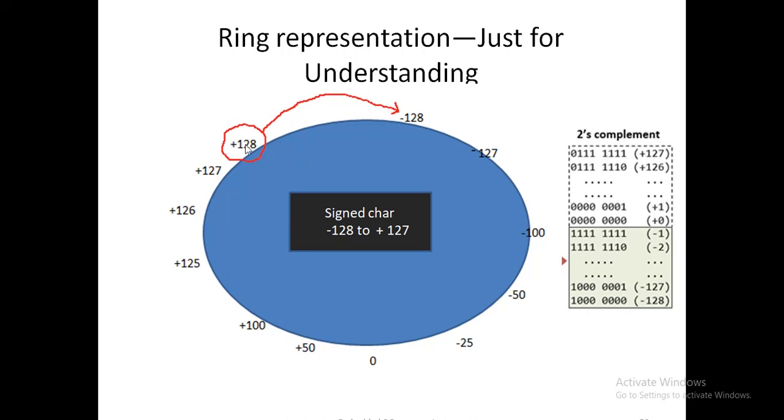Again, if you pass plus 128, it is going to override. So you, as a programmer, will get confused. You are getting 80, and that value is related to minus 128 or plus 128. So you must take care of these things while you design any application.